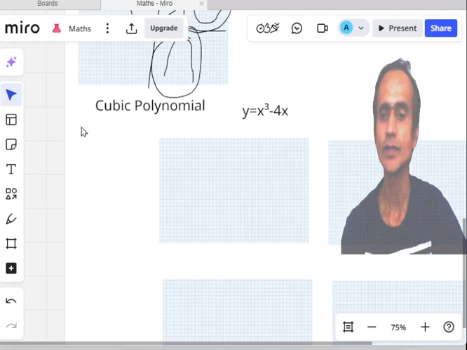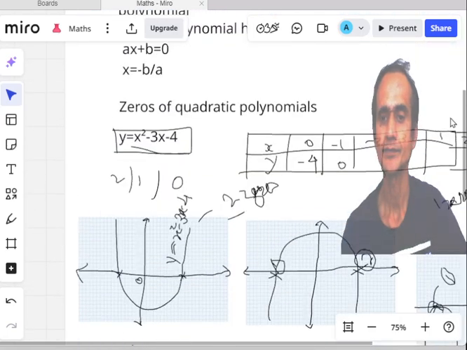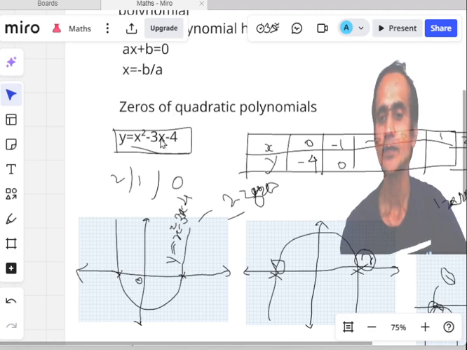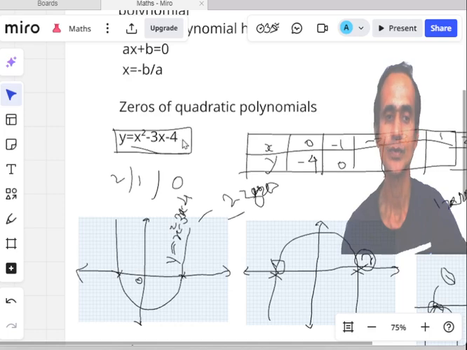Whereas this was not the case with a quadratic equation. Irrespective of value of x, whether positive or negative, the value of y will remain not less than a particular value. That is, it cannot be less than minus 4.